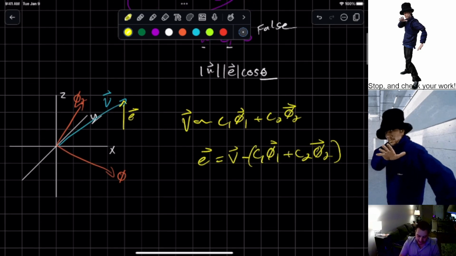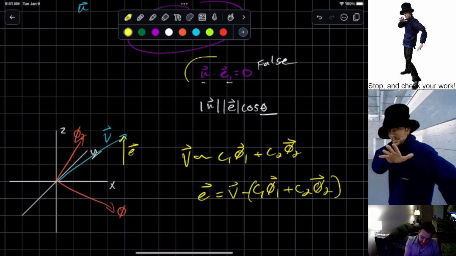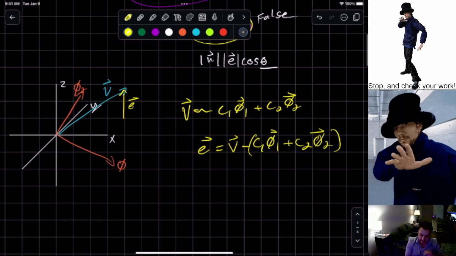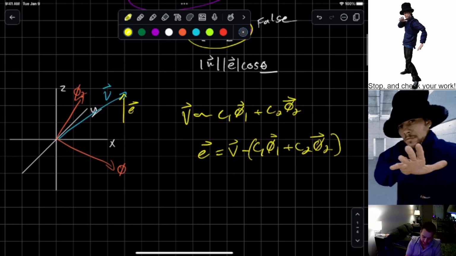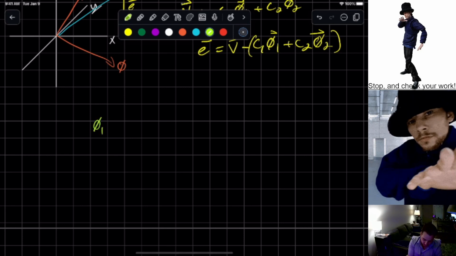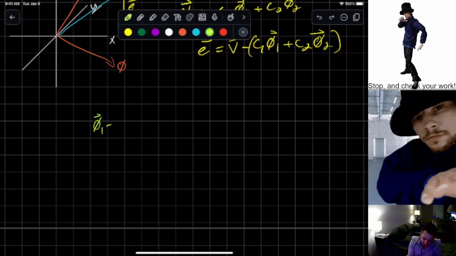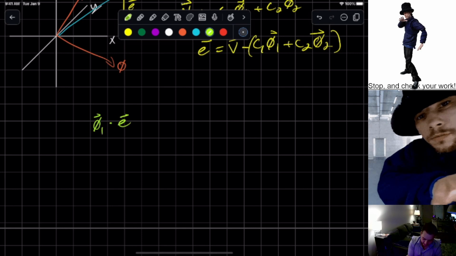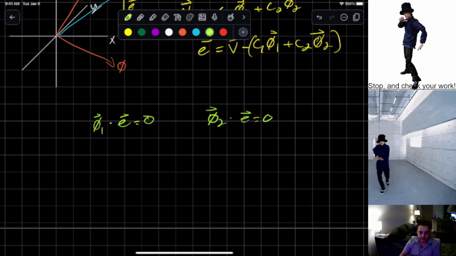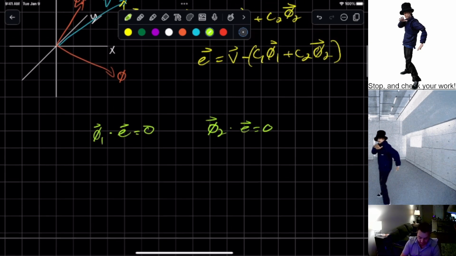But one of the things that we can do now is rewrite this, because this is true, same equation. But instead of the u, we have now our theta. So let's get this in a different color. So now we have theta 1 dot product our error is equal to 0. Theta 2 dot product our error is also 0. Because we need to get it to 0, because it has to be perpendicular, like we mentioned earlier.